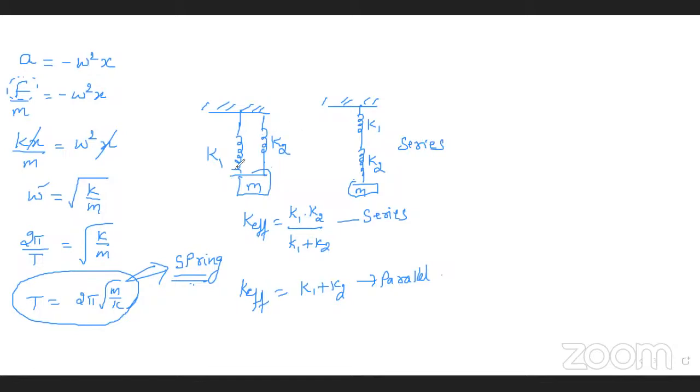Between the two springs, if the mass is attached, then it is said to be a parallel combination. So you have to be very careful while using these particular spring formulas.